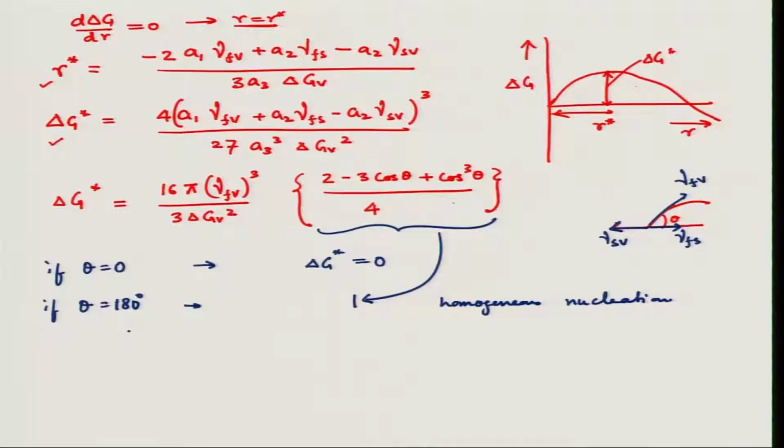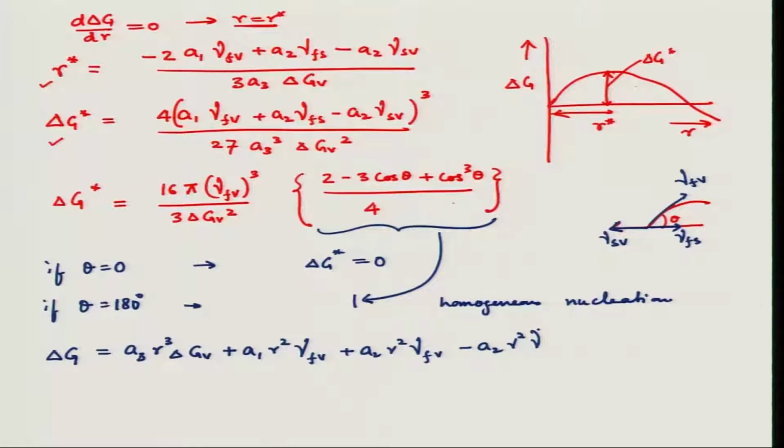Now, the expression for change in energy delta G that we had discussed in the last lecture is given as 4/3 pi r cube delta GV plus A1 r square gamma FV plus A2 r square gamma FS minus A2 r square gamma SV.